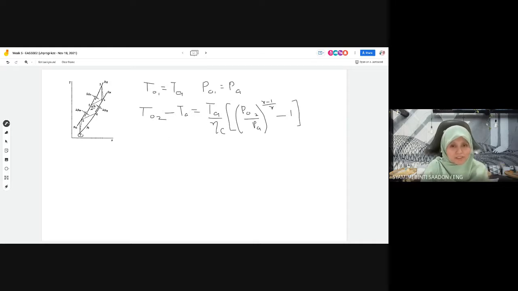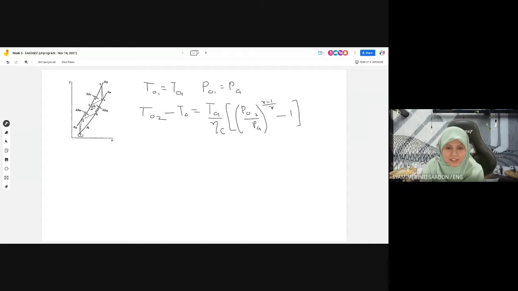So I think we have all the values. T ambient is 288, and the compressor efficiency is given, the isentropic efficiency of the compressor, 0.85.